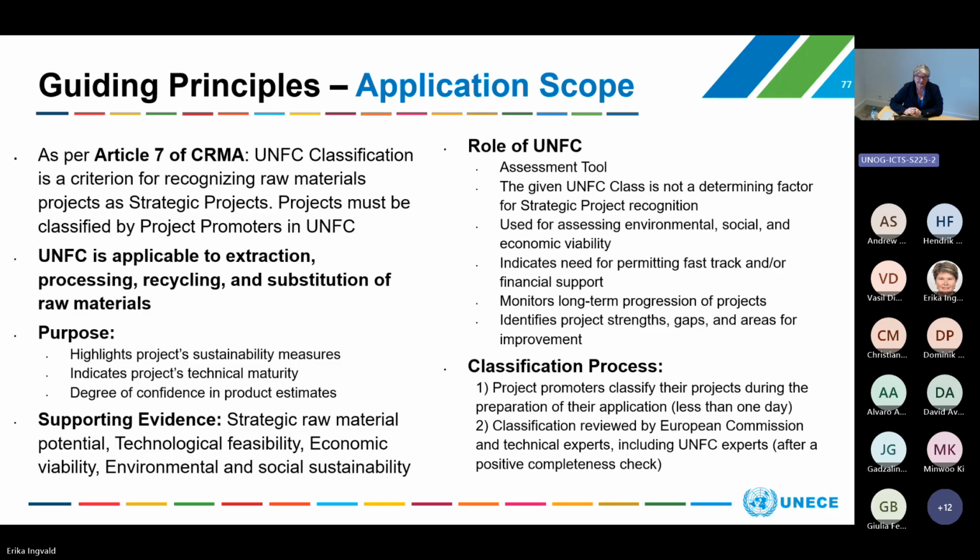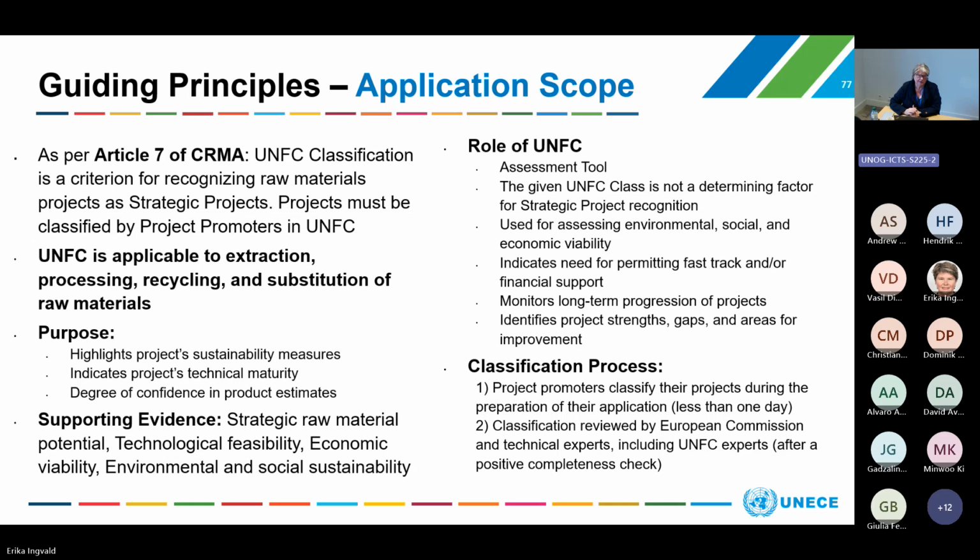And it says that for strategic projects, project promoters must classify their projects according to UNFC. And you have heard a lot about why already, but it's applicable to all the 4 different kinds of projects that are expected to come out from the Critical Raw Materials Act.